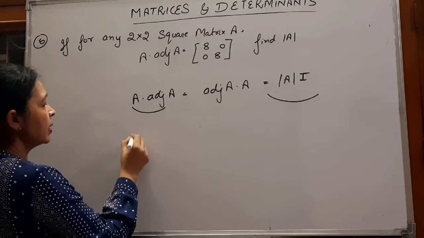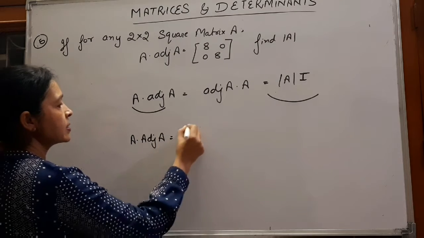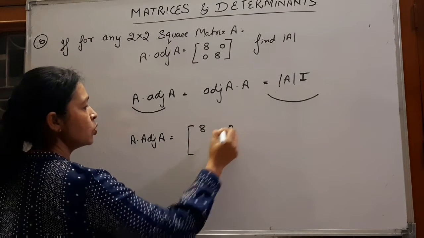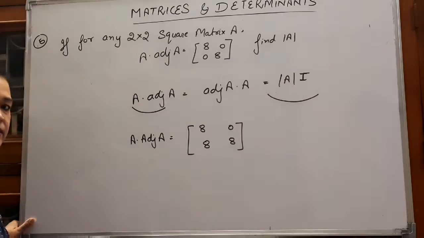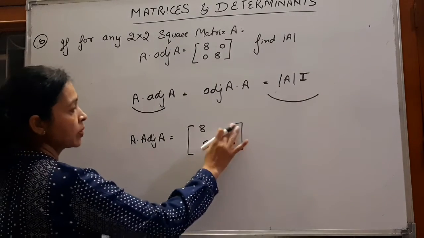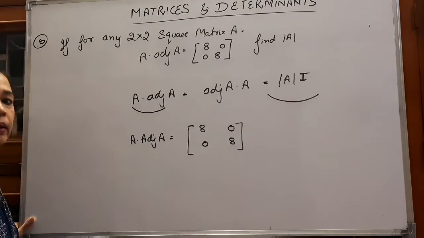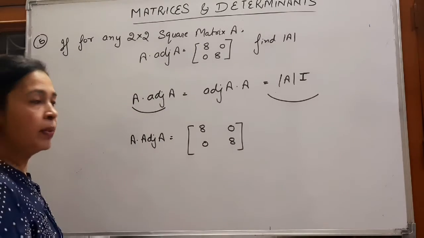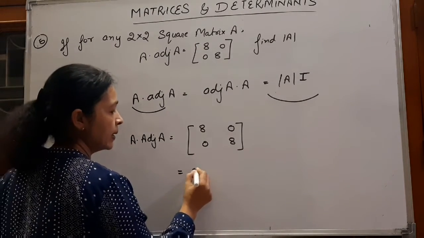Now, we have been given A into adjoint A as 8, 0, 0 and 8. This is a matrix. If we take 8 common from all the elements, what will we get?